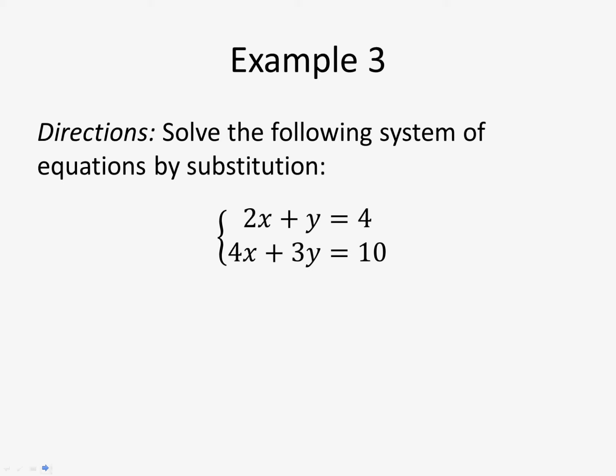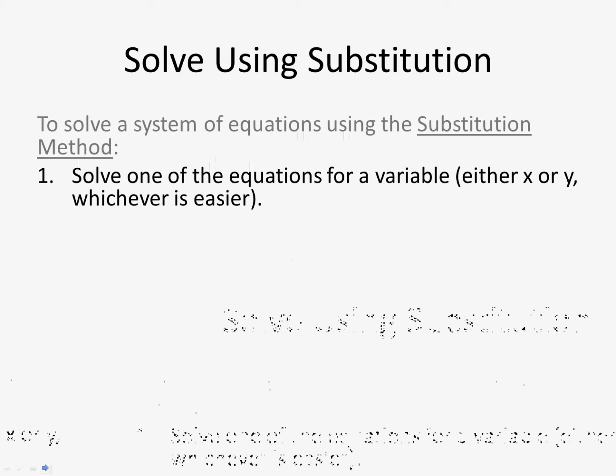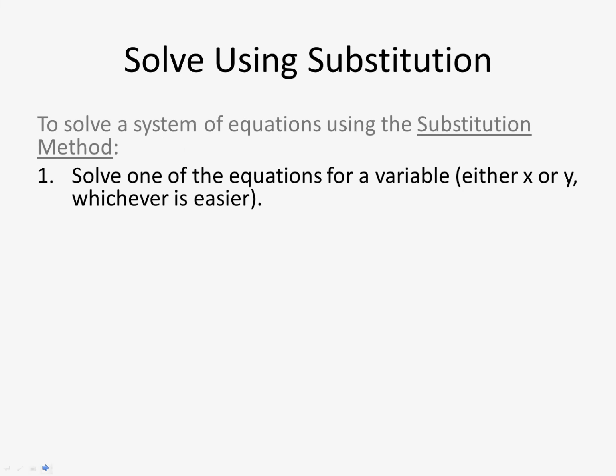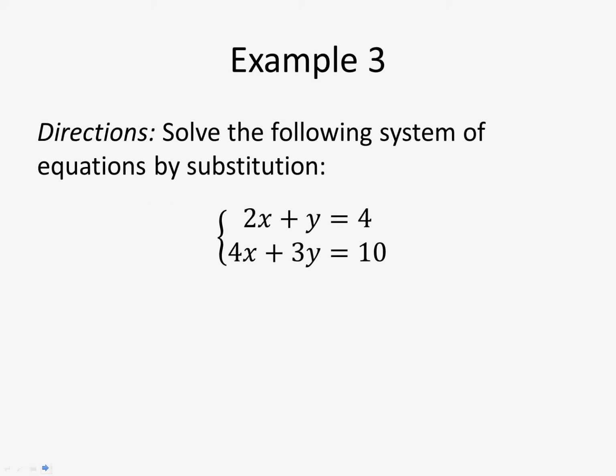Okay, the example says to solve the following system of equations by substitution. So remember, step 1 said solve one of the equations for a variable, either x or y. We can choose here. Let's solve the top equation for y.